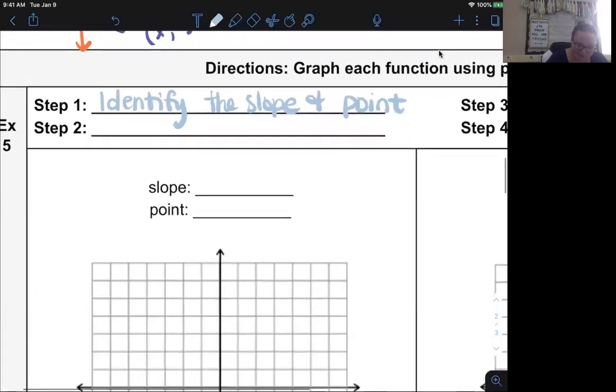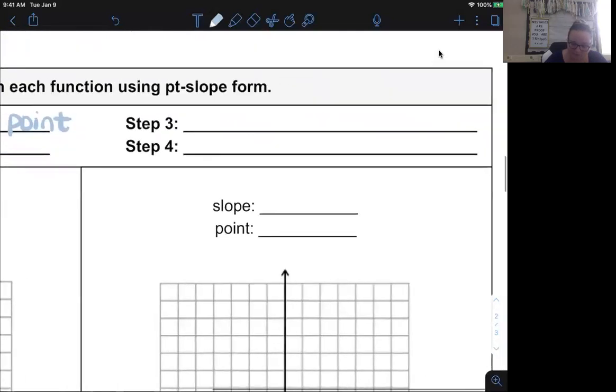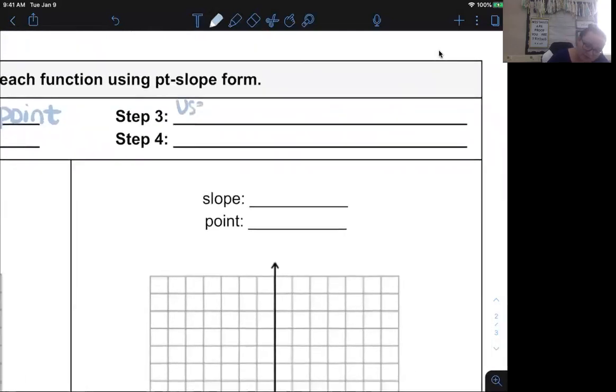Step 2 is plot the point. Step 3 is use the slope to find more points. And step 4 is to draw a line through the points.